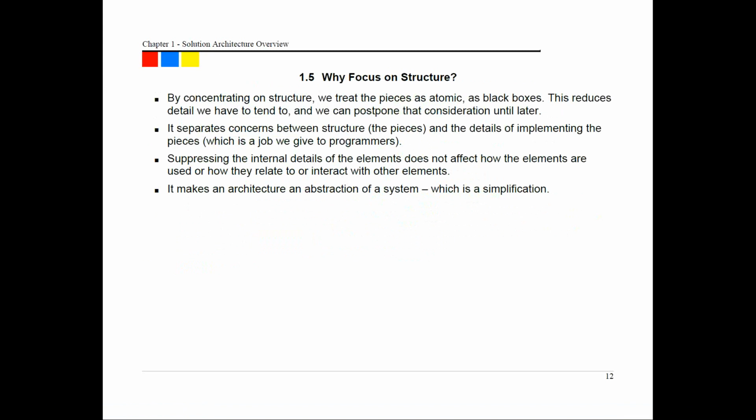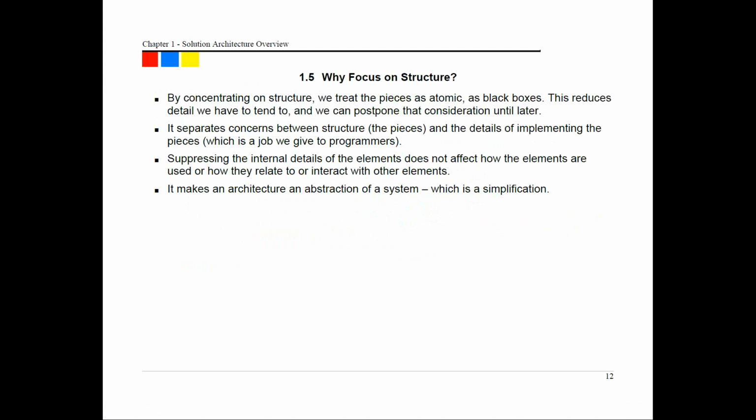I often joke that architecture is all about drawing boxes and then documenting the lines that go across the edges of the boxes, or the connections between the boxes. That separates concerns between the structure, i.e. the pieces, and the details of implementing the pieces. The implementation usually can be handled by somebody else, given the overall requirements of that piece.